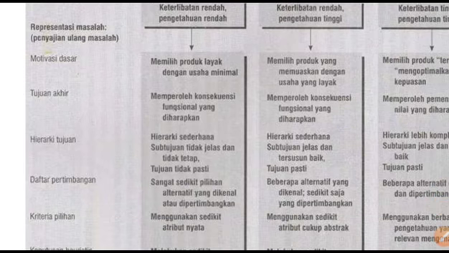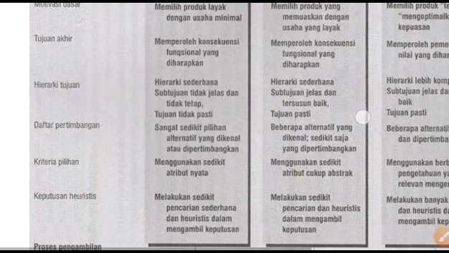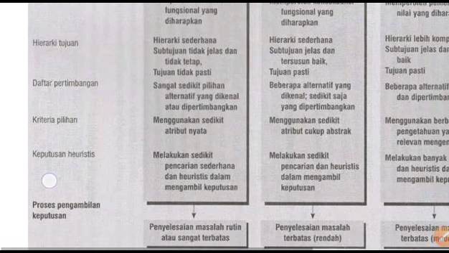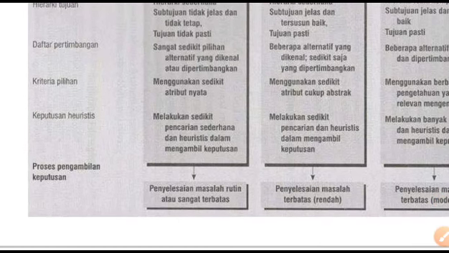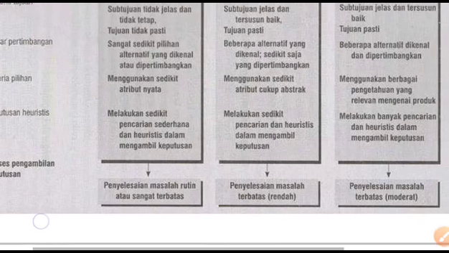The last is the level of purpose, list of considerations, characteristic choice, and heuristic decision, yeah. And then the last is to take the decision to buy or not, yeah.